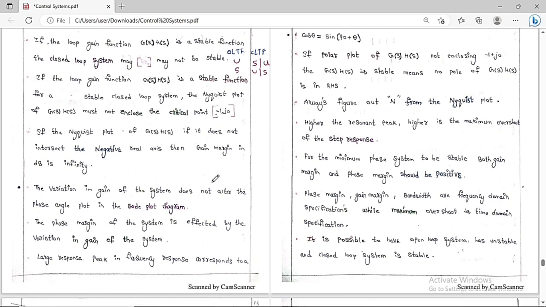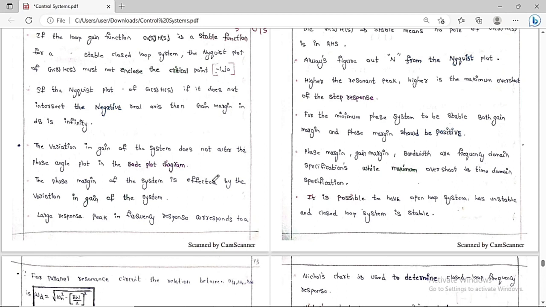The next point is, you can see clearly, if the Nyquist plot of G(s)H(s) does not intersect the negative real axis, then the gain margin in dB is infinity. Listen carefully. So basically, what is the meaning of gain margin?